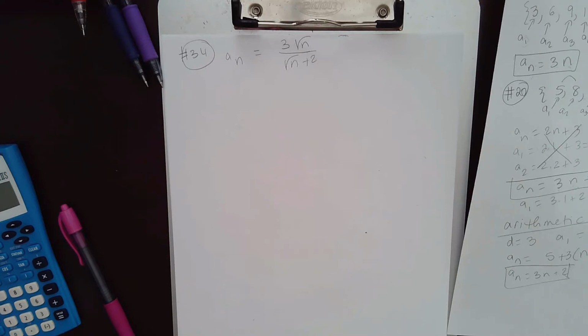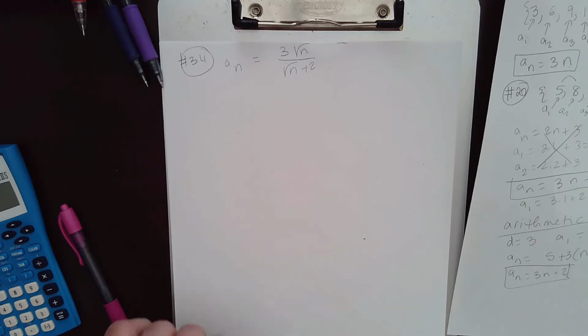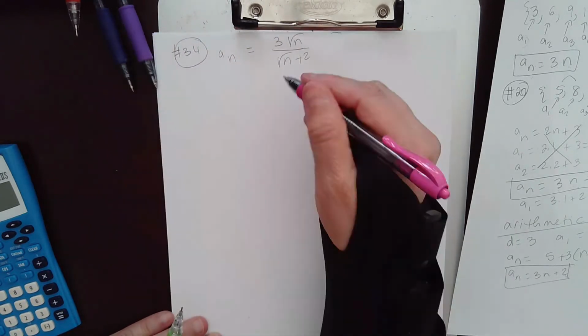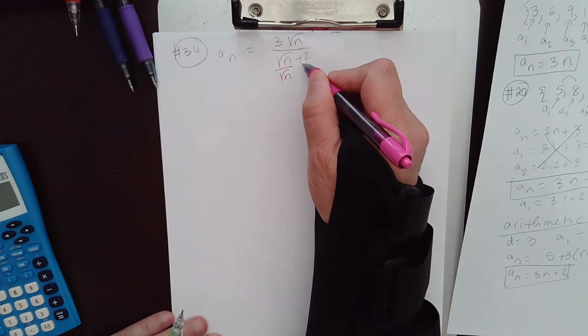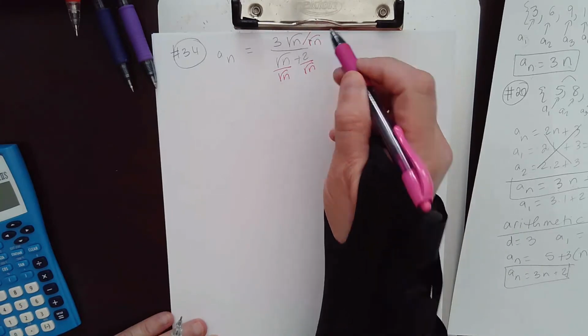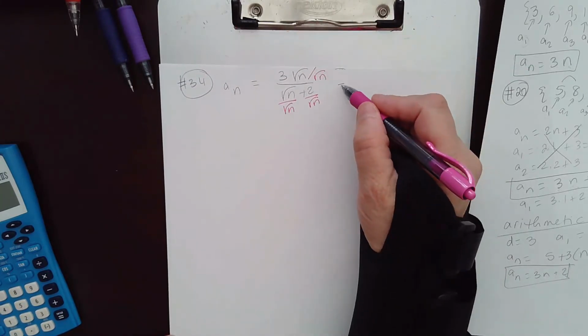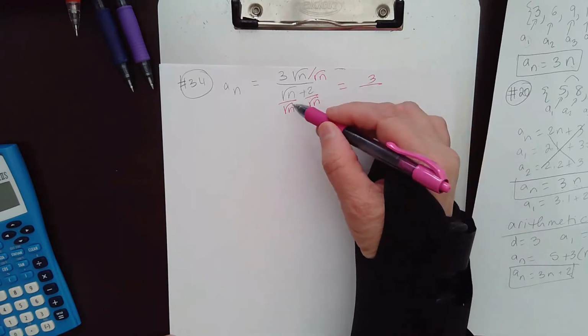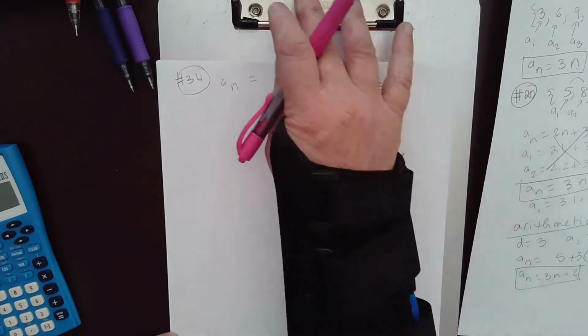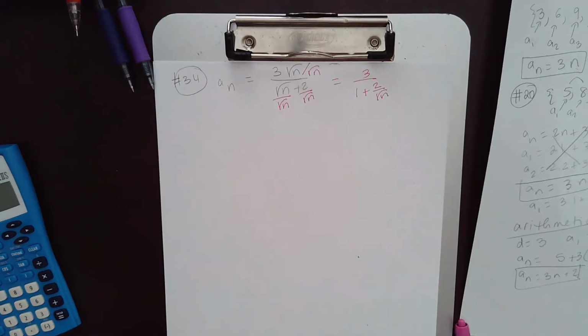Okay, so I'm going to start it now. So the way you think about it here, the largest term is square root of n. You can divide this by square root of n. So that gives me what? That's giving me 3 over, they just cancel each other, 1 plus 2 over square root of n. So what happens as n approaches infinity?